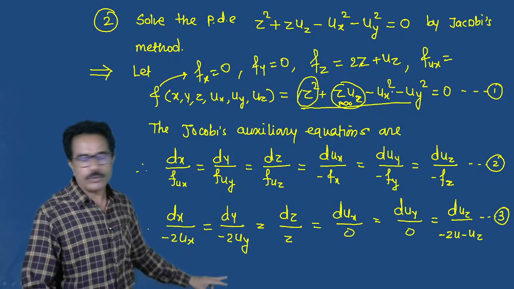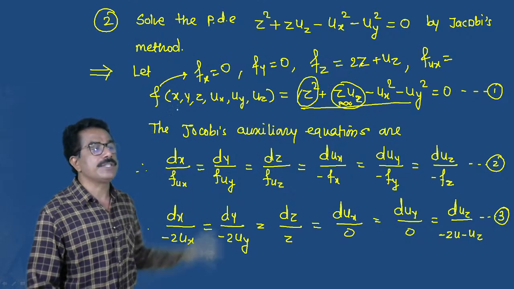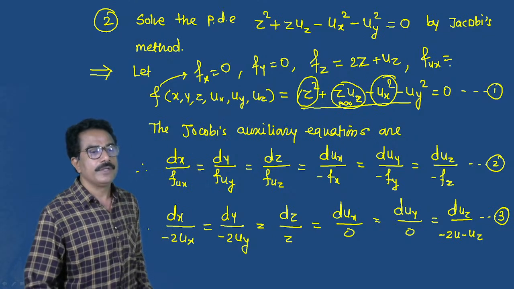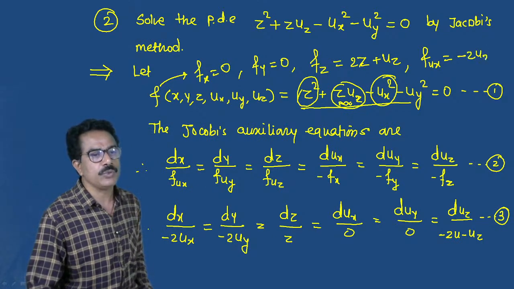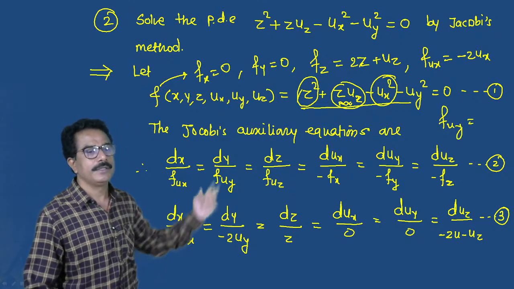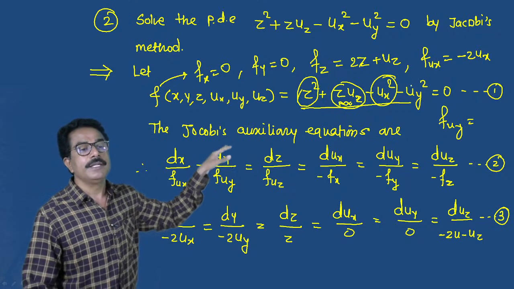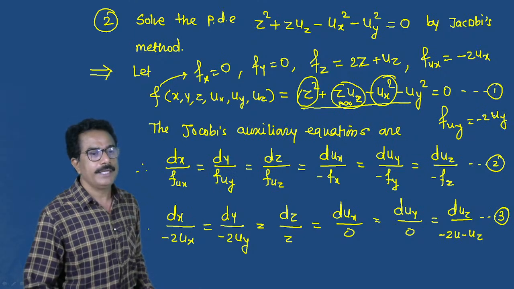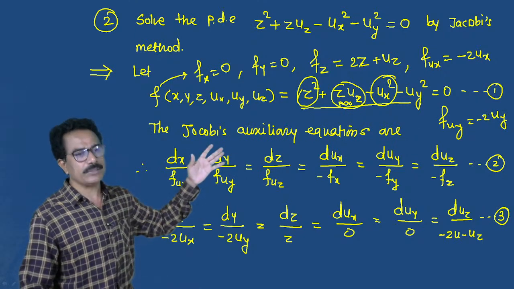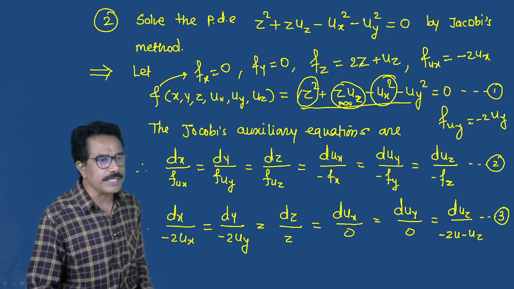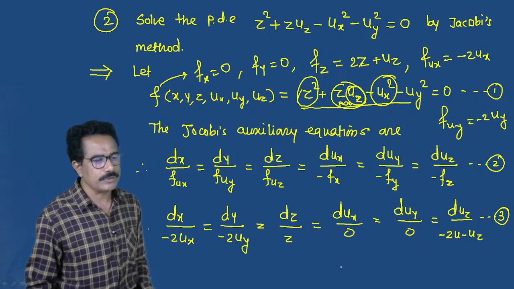Now tell me fux, the partial derivative of f with respect to ux. Here is ux square, so we can write minus 2ux. Similarly fuy: there is minus uy square, so minus 2uy. And fuz: there is the term z uz, so fuz will be z.